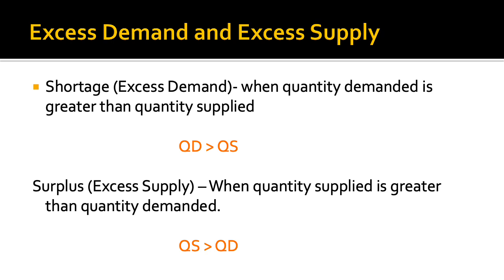In the case of a surplus or excess supply, the quantity supplied is greater than the quantity demanded. Now, the way that the market adjusts a surplus is by pushing the price down. The next video will show you guys a whole process of market equilibrium.